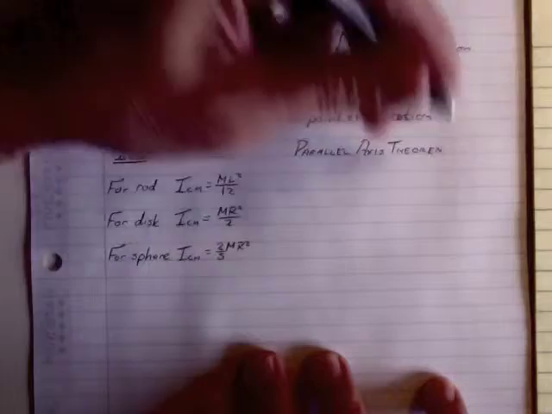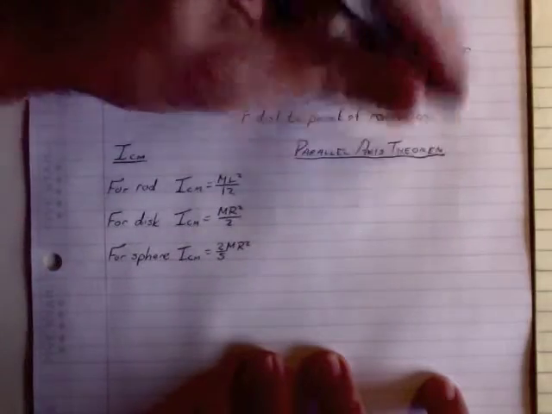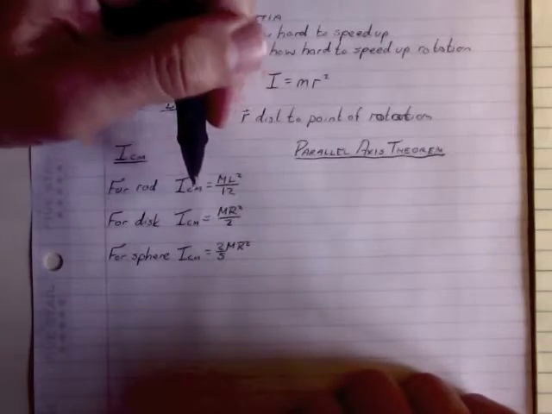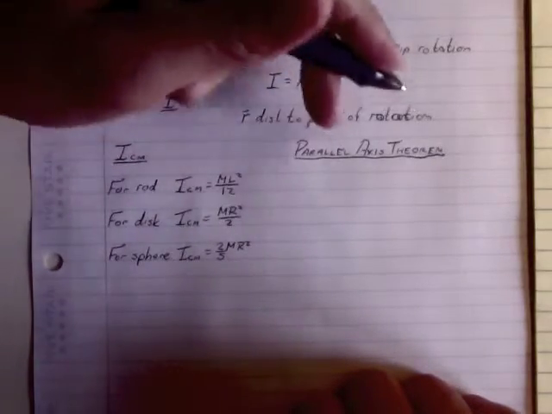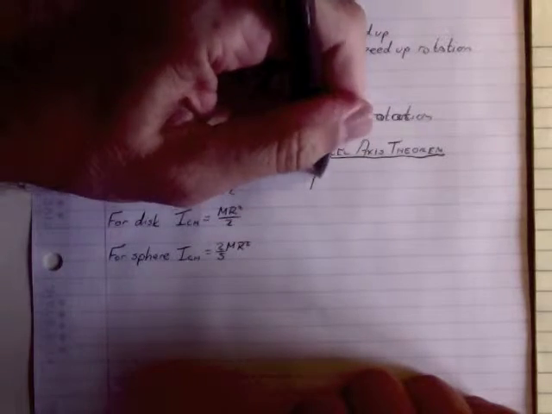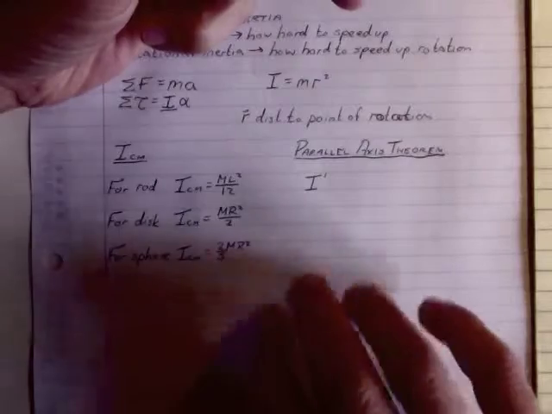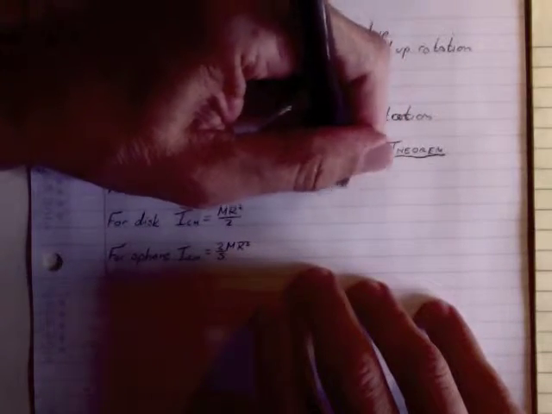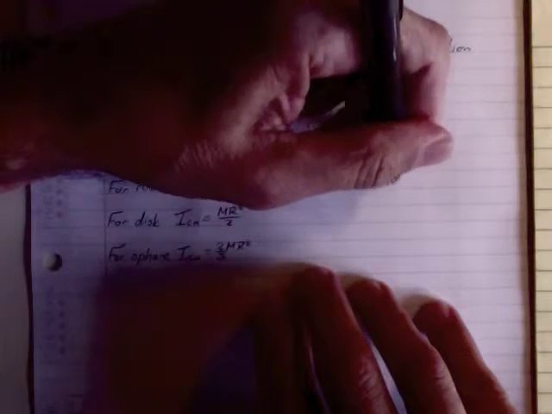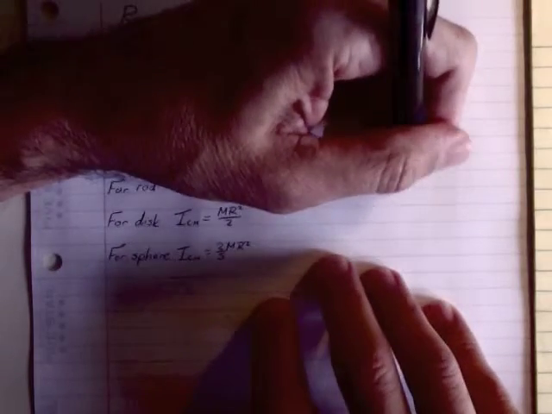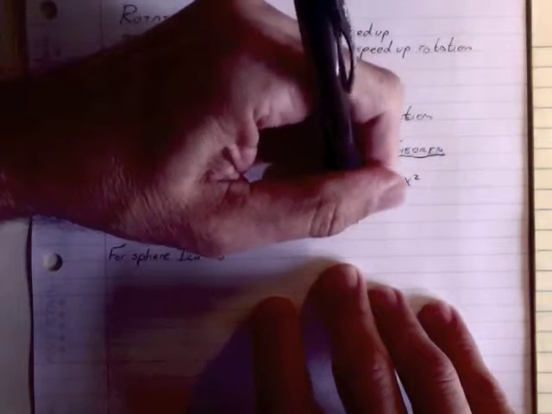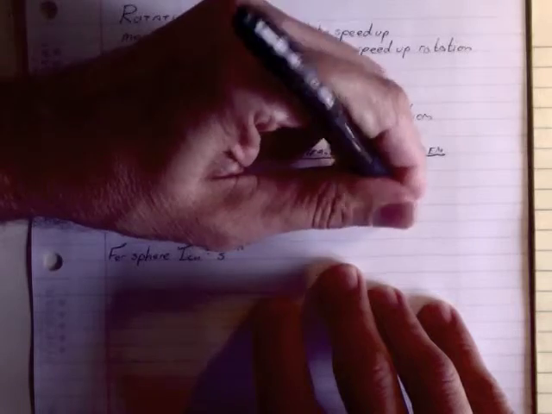The parallel axis theorem, very, very important, tells you that if you know the rotational inertia around the center of mass of an object, then if we move that rotational point away from the center of mass, the new rotational inertia of that object is going to be the rotational inertia for the center of mass plus the total mass of that object times x squared, where x equals displacement from the center of mass.